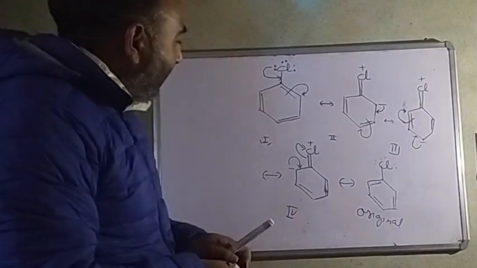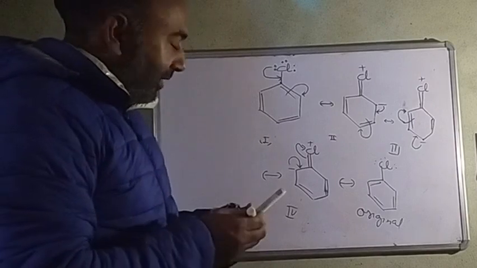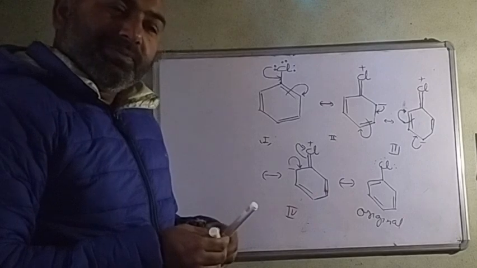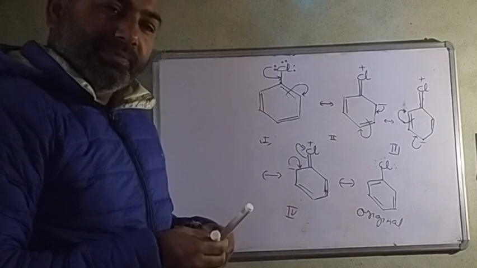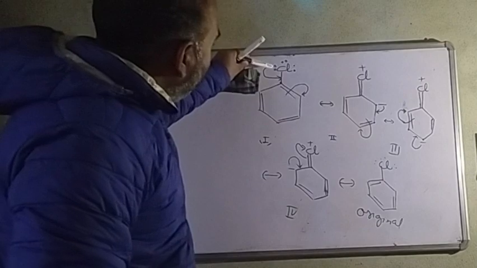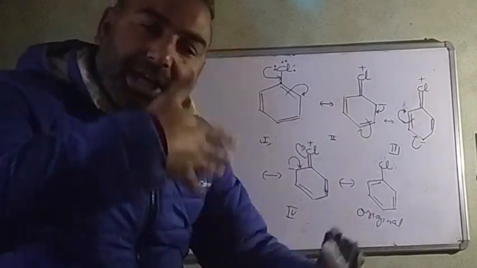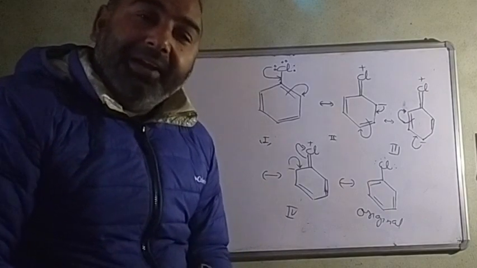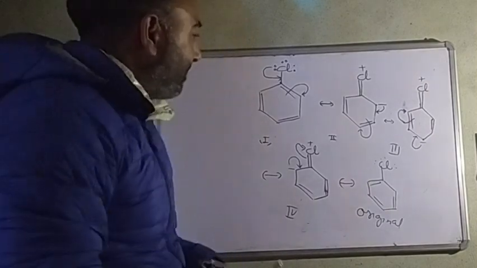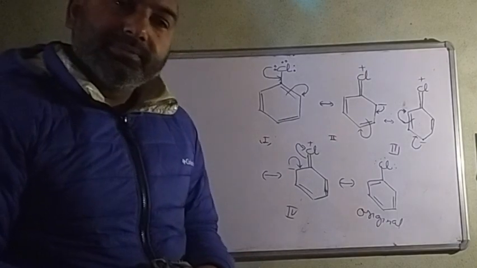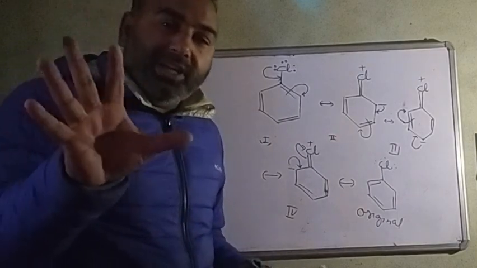Please, you can write these structures. So, interaction between lone pair and pi bond extends conjugation and it is a stabilizing process. I hope it is clear.